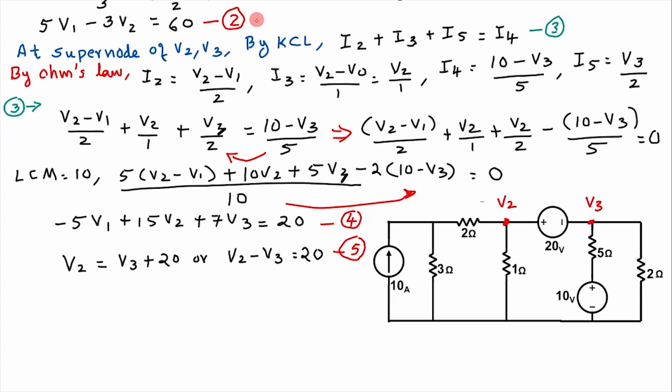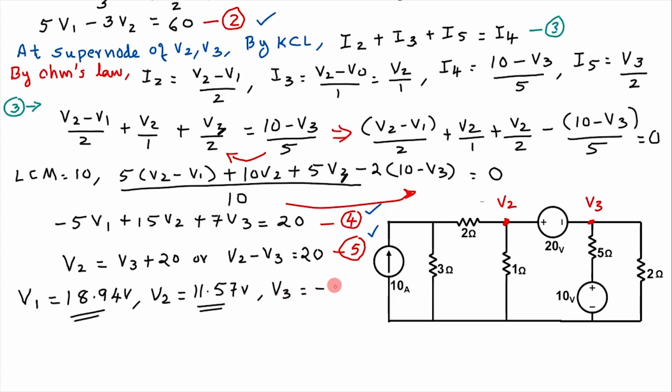From equations 2, 4 and 5, we will get V1 is equal to 18.94 volt, V2 is equal to 11.57 volt and V3 is equal to minus 8.42 volt.